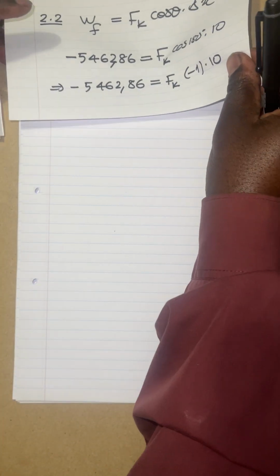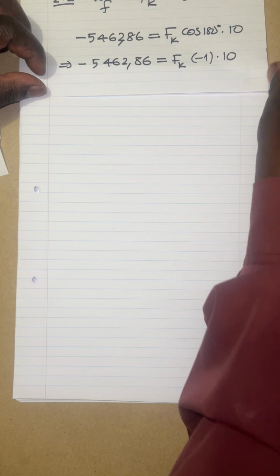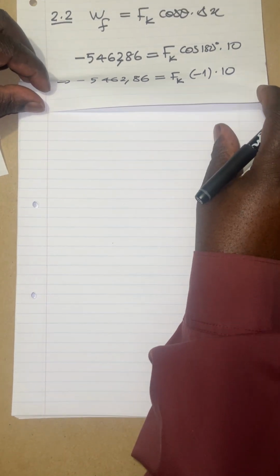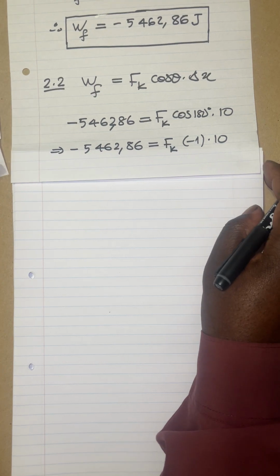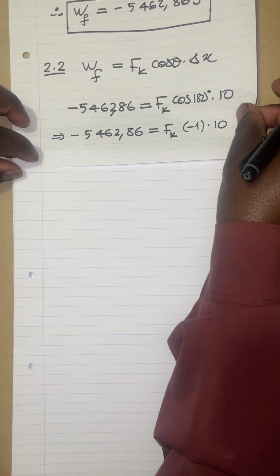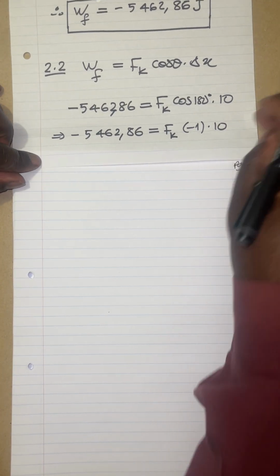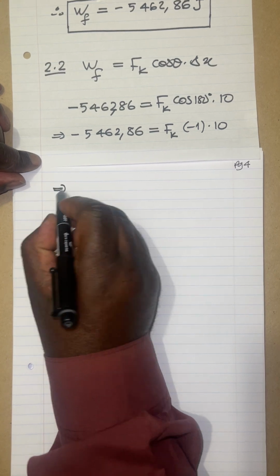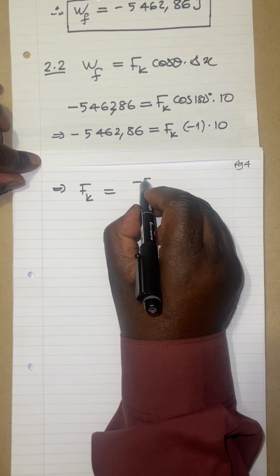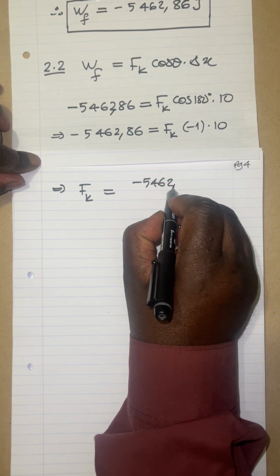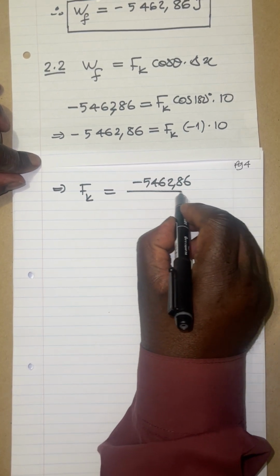Taking us to page 4, we can say that Fk is going to be minus 546,286, and we're dividing this by minus 10.